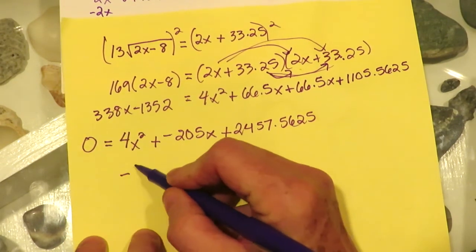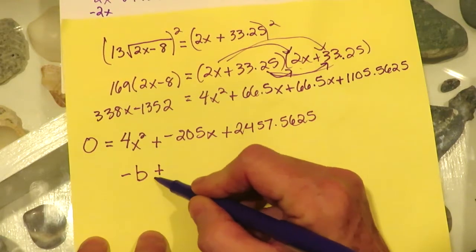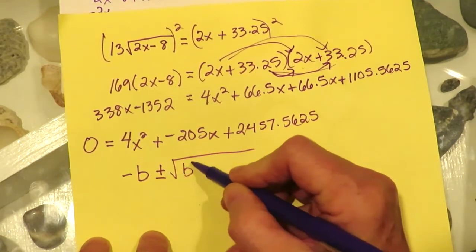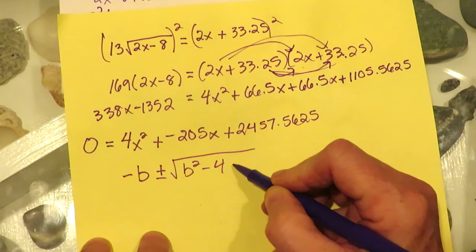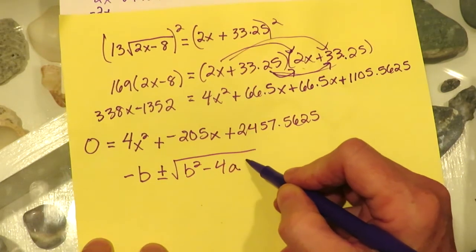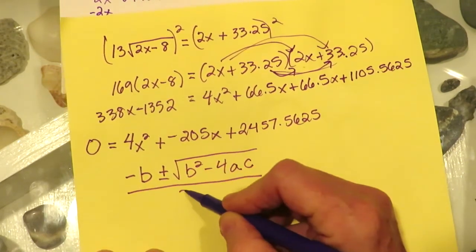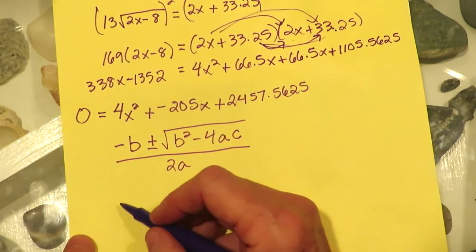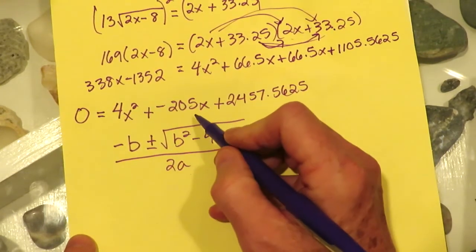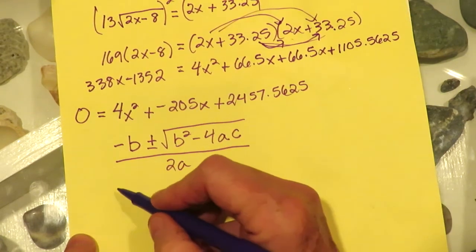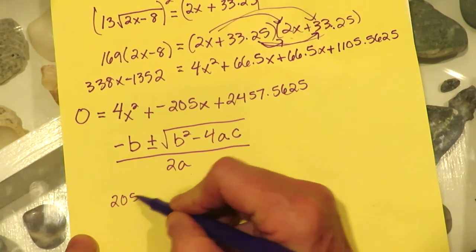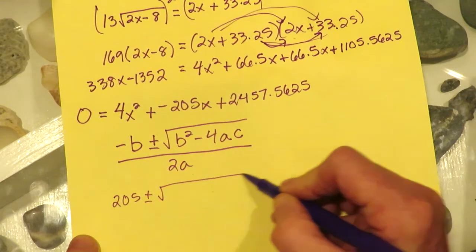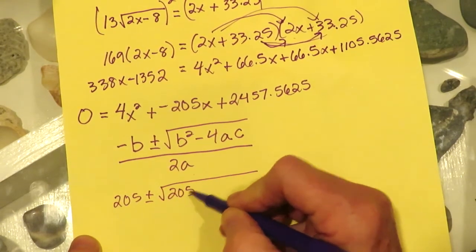So remember, it's the opposite of the linear term, plus or minus the linear term squared, minus 4 times the leading coefficient times the constant, divided by 2 times the leading coefficient. So negative 205 is my linear term, so I will have positive 205. Then plus and minus whatever 205 squared is.